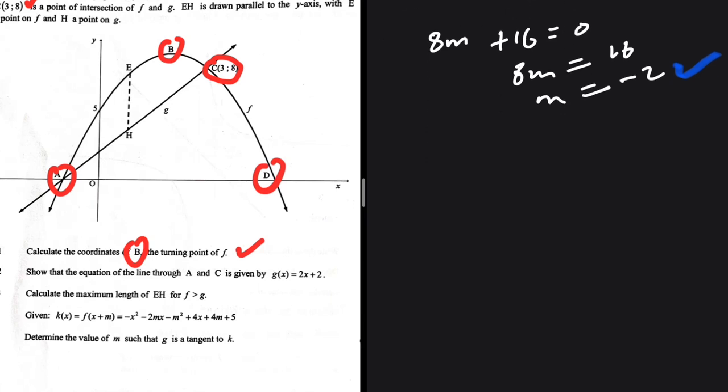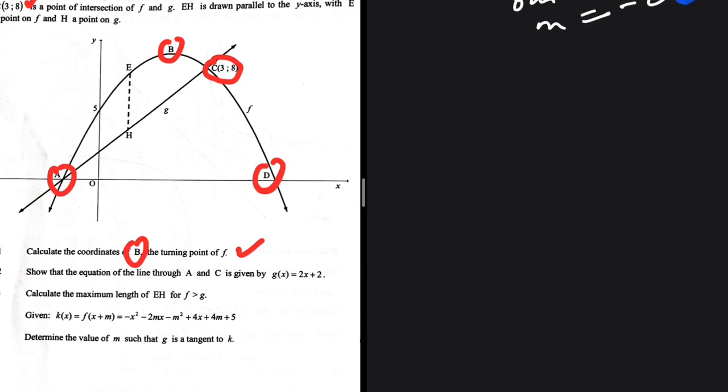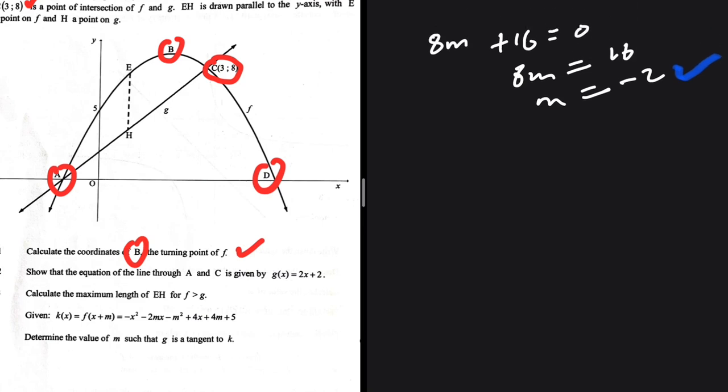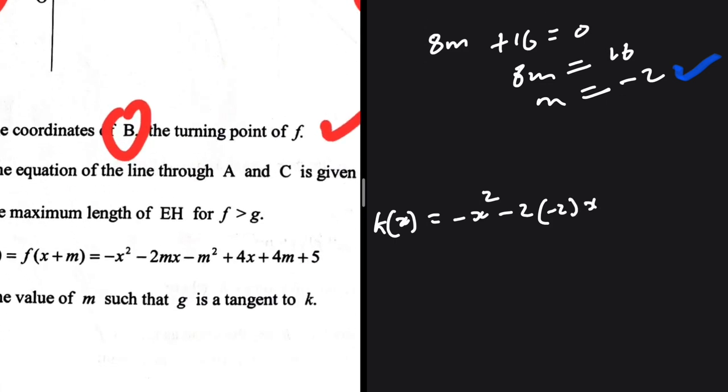Right, so k of x will now be equals to, because we are saying that m is minus 2, k of x is going to be equals to minus x squared, and then minus 2 times x, that is the value of m, and then minus m squared, so that is minus 2 squared, plus 4x plus 4m, m is minus 2, plus 5.